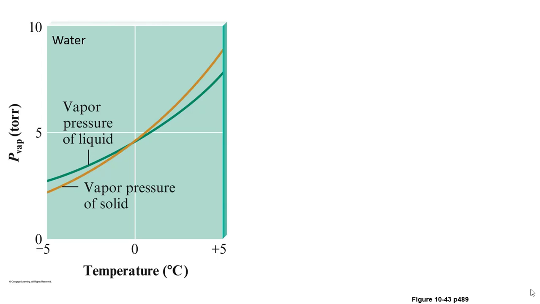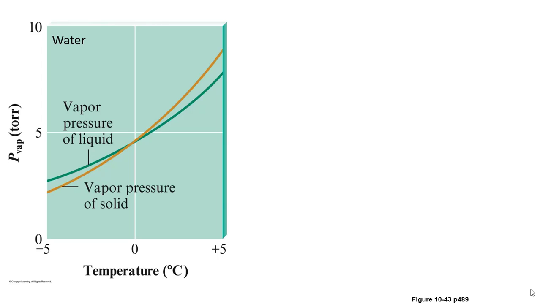Okay? And so when we're looking at this, why does that happen? Well, my vapor pressure for a solid is less than. And remember, substances are just like us. If they can relax, they will. So they'll take the lower energy state. And so the lower energy state is that of a solid, meaning for water to exist as a solid, it takes less energy than for it to exist as a liquid at temperatures below zero.